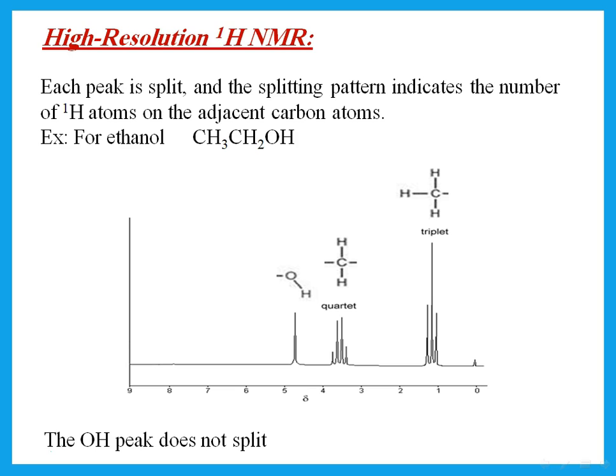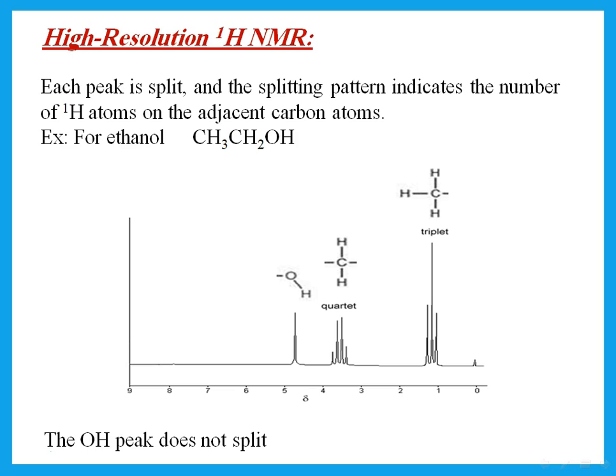Now, let us look at the peaks in the middle. The peaks in the middle are due to CH2. So these peaks are due to 2 hydrogens, so their area is lower than the peak that is due to 3 hydrogens. But then what is its environment? The CH2 has a carbon next to it on the left that is attached to 3 hydrogens. So this peak for the CH2 is a quartet. The peak for the CH2 is split into 4 peaks because the neighboring carbon has 3 hydrogens.